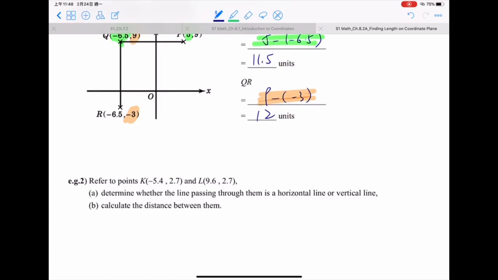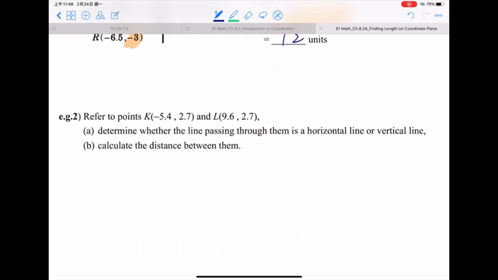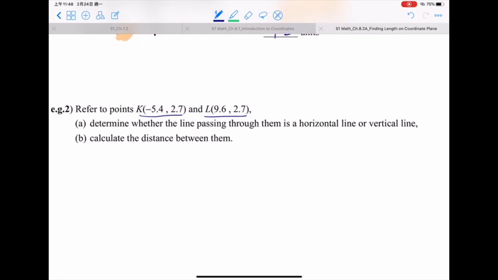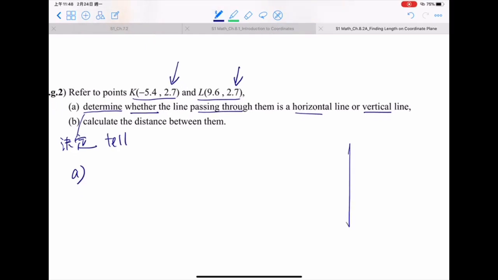So the last one. The last one is given two points. There are two parts. First of all, determine whether the line passing through them is a horizontal or vertical line. So let's take a look at the same coordinate, which is the y coordinates. If we're going to plot it out, you still remember plots, right? -5 point, here, which is K. And then 9.6, 2.7, L. So this one 2.7.